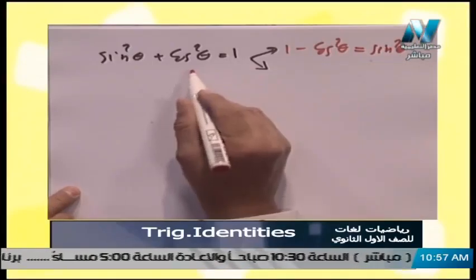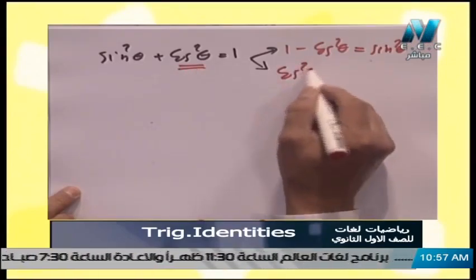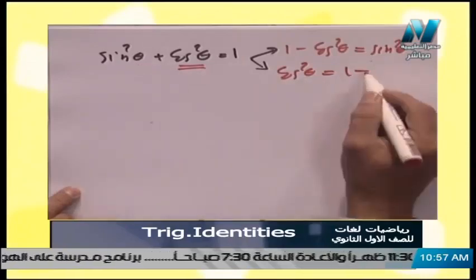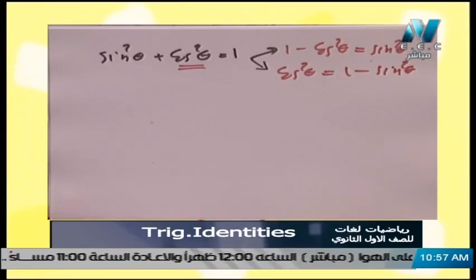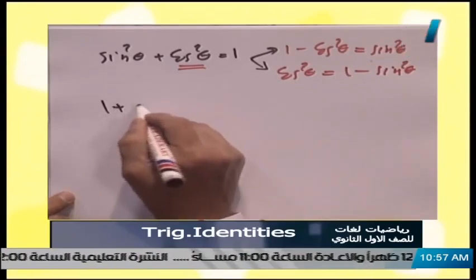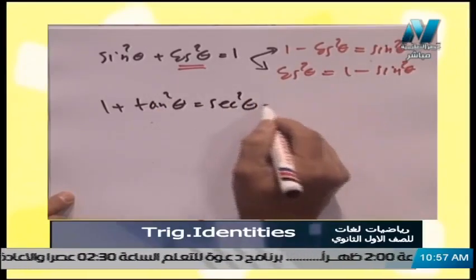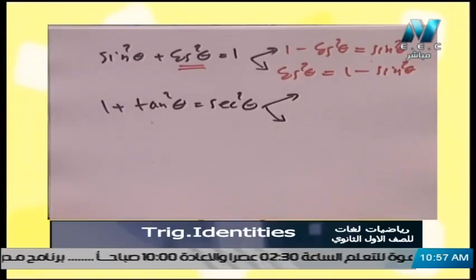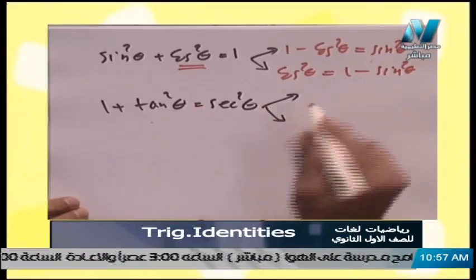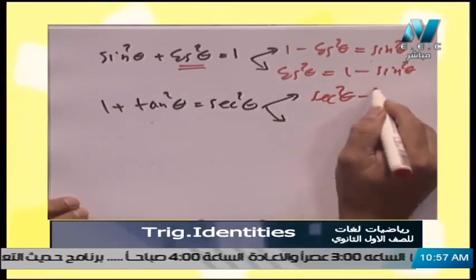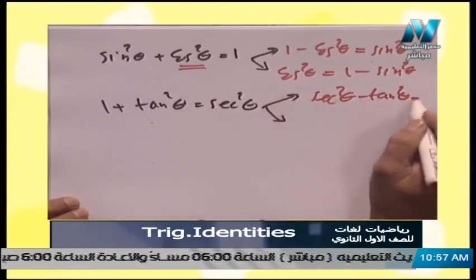And if you want cosine power 2 theta alone here, we can write cosine power 2 theta equals 1 minus sine power 2 theta. And from the second one, 1 plus tan power 2 theta equals sec power 2 theta, we can deduce that sec power 2 theta minus tan power 2 theta equals 1.